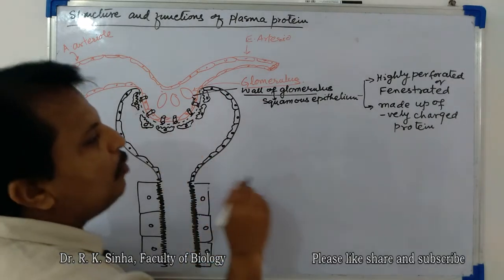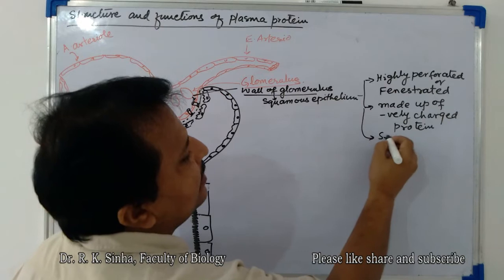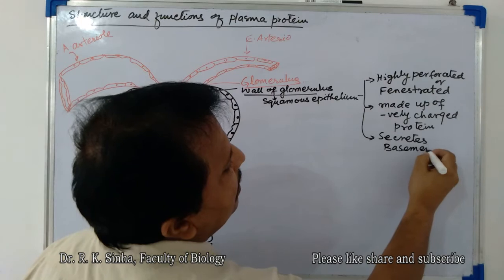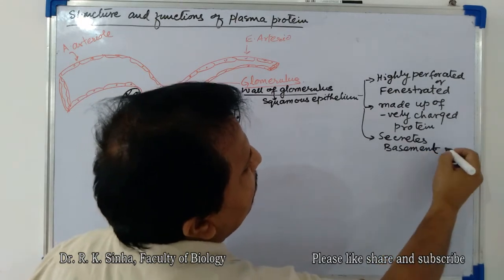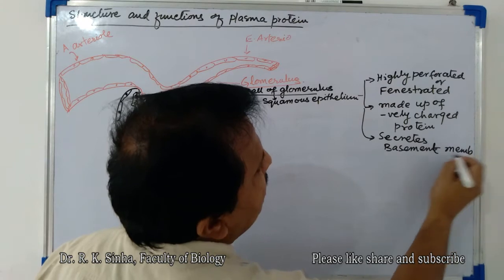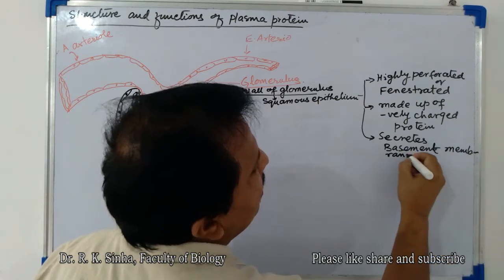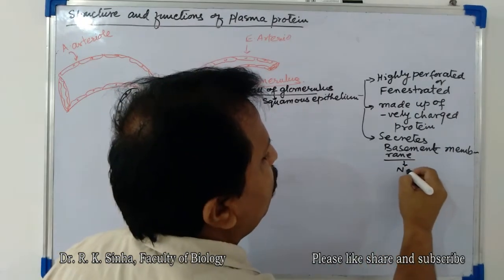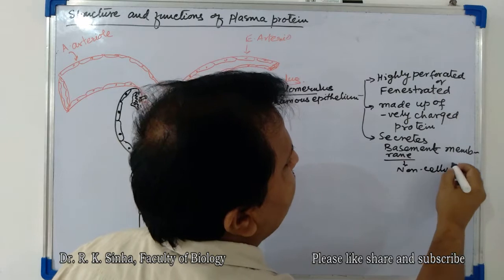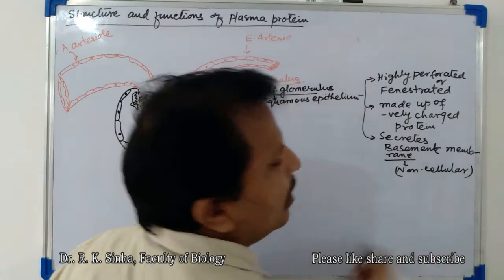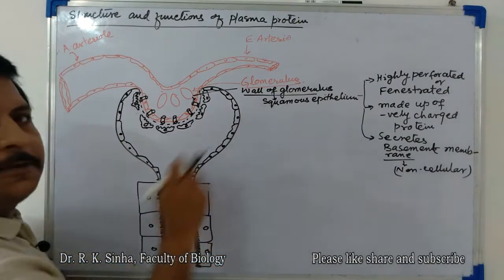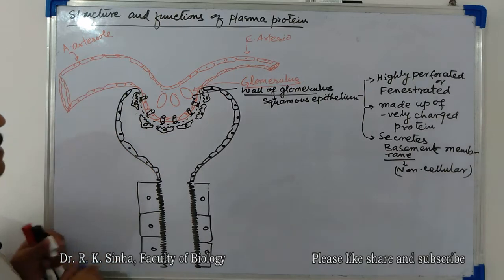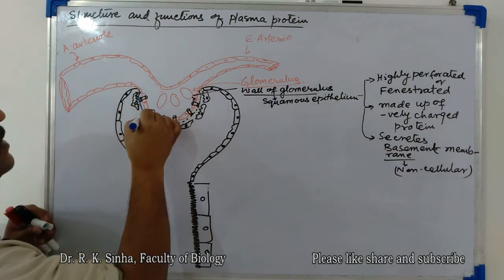Now, one more point: it secretes the basement membrane. The basement membrane is a non-cellular lining. This is a secretion of epithelial cells. So there must be a basement membrane here in this region.